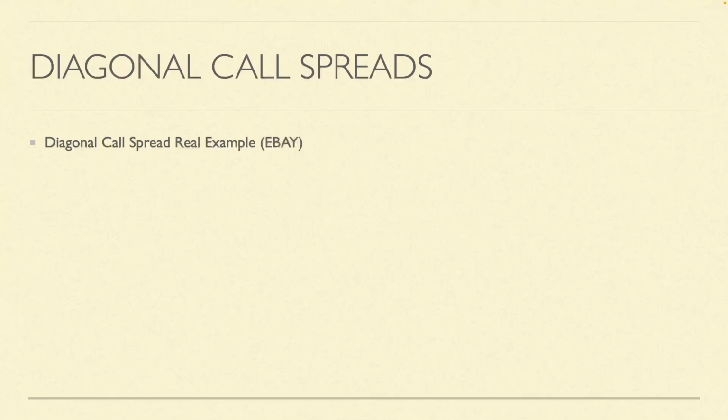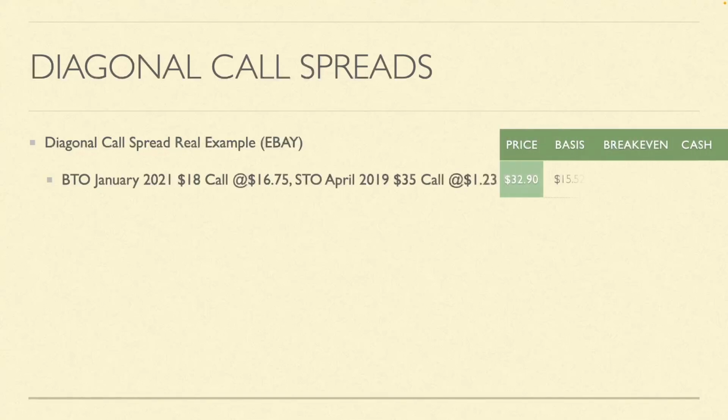Let's look at a real example. This one's based on eBay and happened a few years ago. If we buy to open a January 2021 $18 call and paid $16.75 for it, and at the same time sell to open an April 2019 $35 call for $1.23, the stock price is about $32.90.